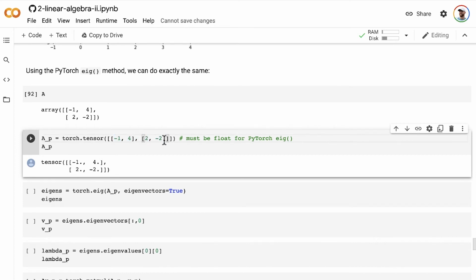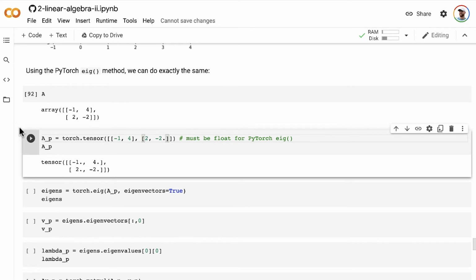So I have this period here to ensure that this creates a float typed PyTorch tensor, whereas the NumPy Eig method, similar to most NumPy methods, can handle integer typed tensors. So that's another distinction that you need to make sure of when you're transferring between NumPy and PyTorch.